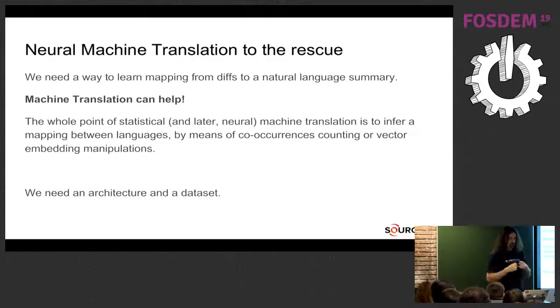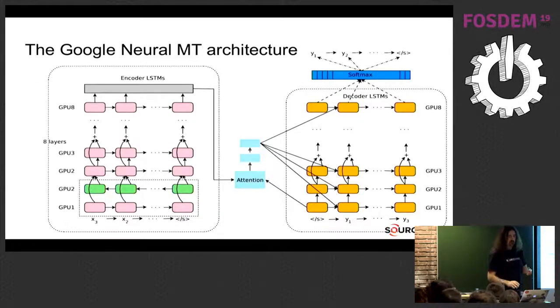So in order to do machine translation, we need an architecture first and a data set. The architecture that we picked in this case is the Google Neural Machine Translation architecture, which is the state of the art for machine translation. Basically, this is a sequence-to-sequence model with attention.